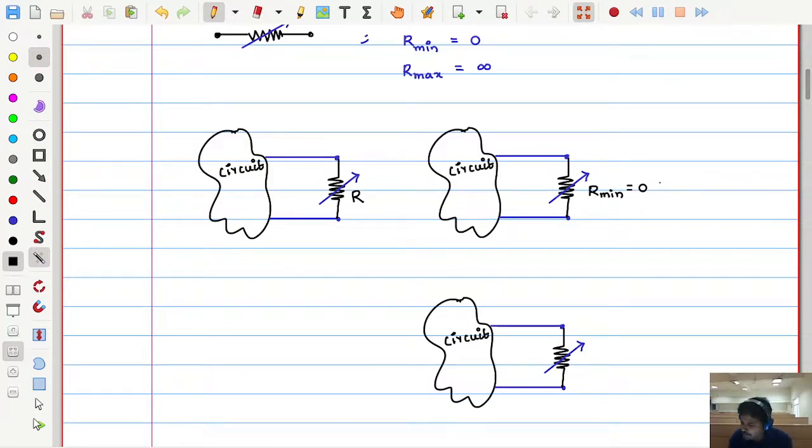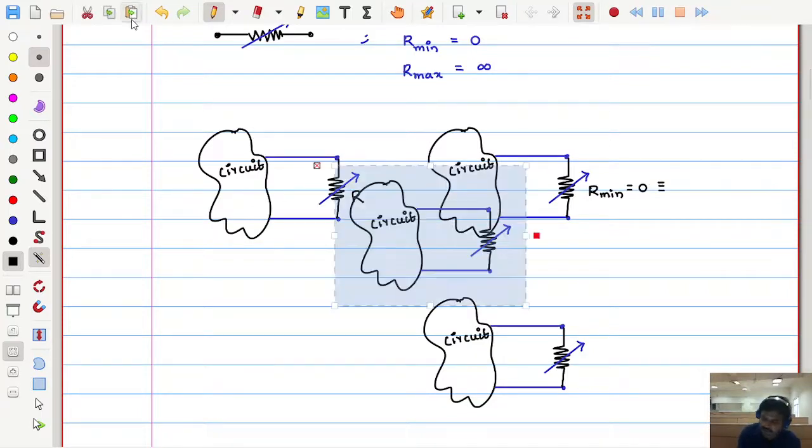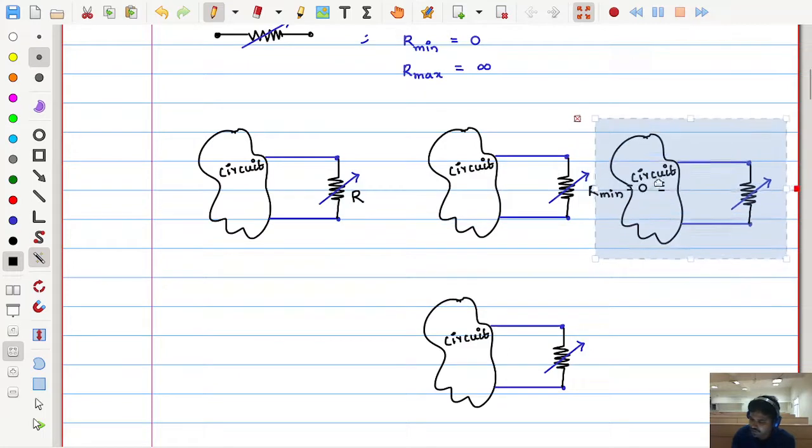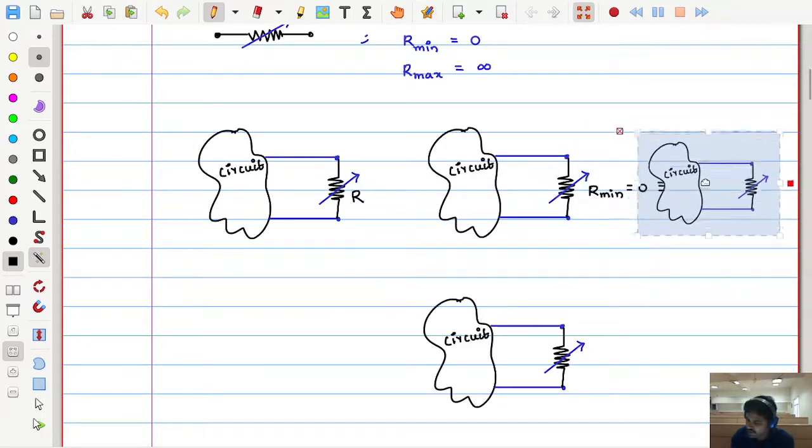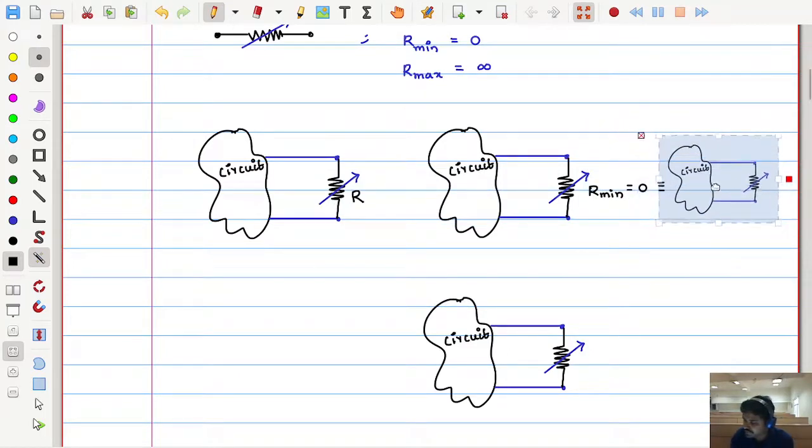What does this minimum value represent? It is equivalent to this. Let me make it a little smaller. What minimum represents is that here there is no resistance, simply zero resistance, which means a simple conductor, an ideal conductor, like this.